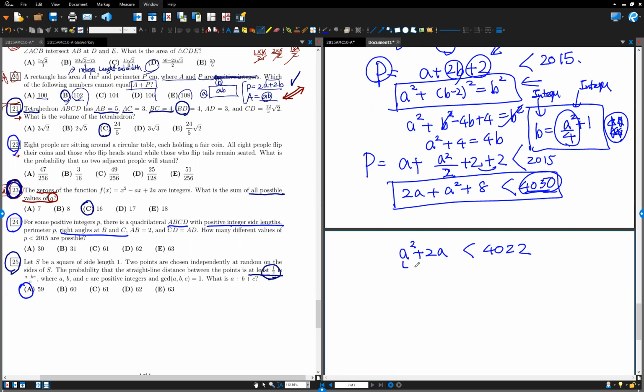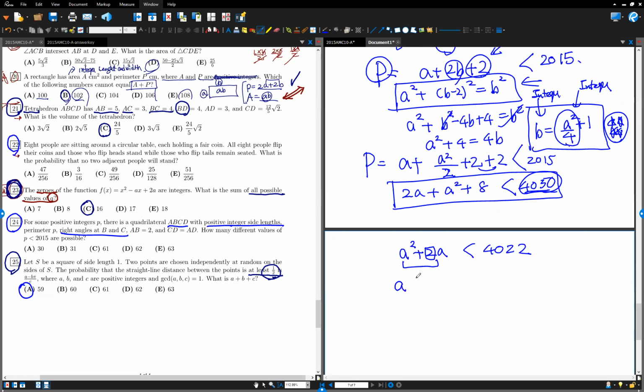Can you factor a squared plus 2a minus 4,022 less than 0? It's possible, sometimes it's not. Not always factorable. That's why with a big number, you have to try this way, because this number is very small, right?